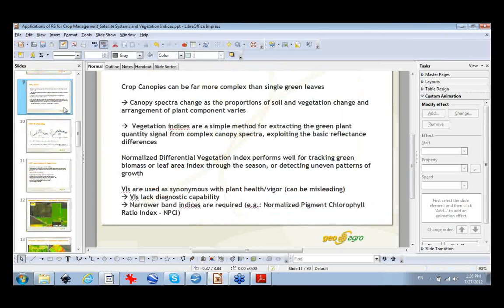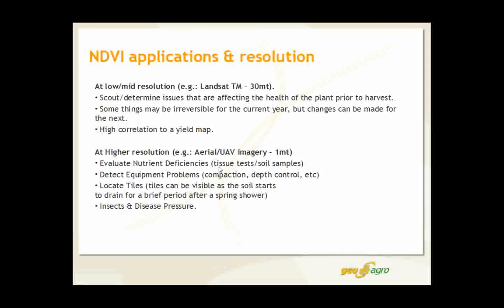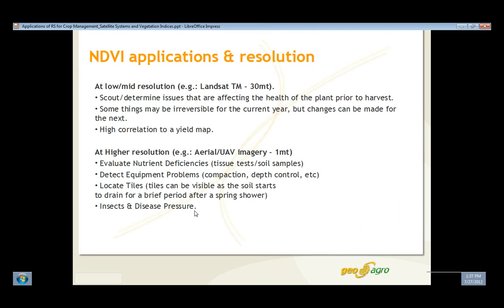When you evaluate nutrient deficiencies, maybe you want to relate those types of maps with tissue tests or soil samples. That's what we call ground truthing, and see where the issues are and what type of corrective actions you can apply. Maybe this season variable rate application, or maybe for next season change some crop management practices.